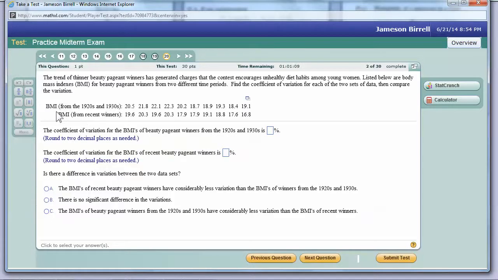Now in this case, we're measuring body mass index. So in some sense, you'd think, well, okay, those are the same units of measure, so why don't you just directly compare their standard deviations? Well, we can't, because of the time period.